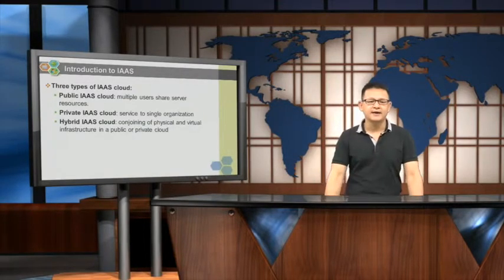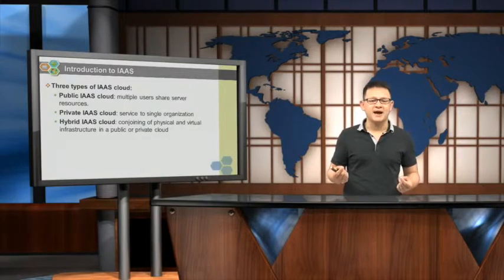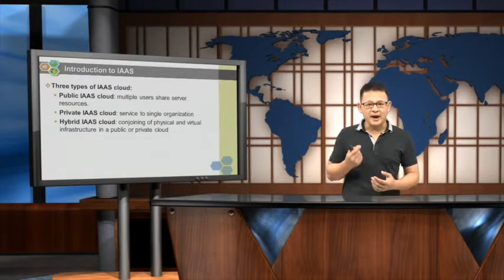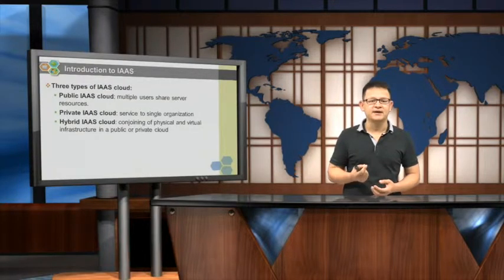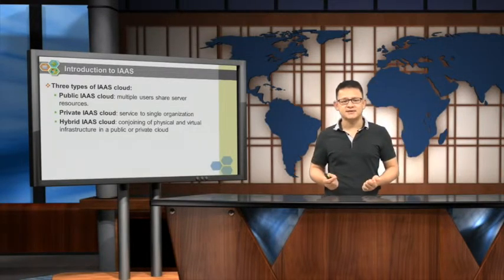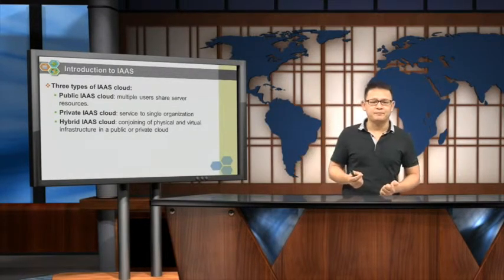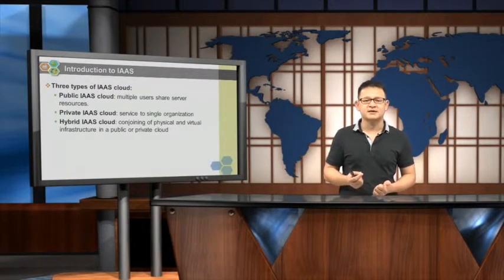The second type is the private IaaS cloud. The private cloud employs virtualization technology and delivers cloud computing services to a single organization. The services are provisioned privately and sit behind firewalls managed by the individual business.